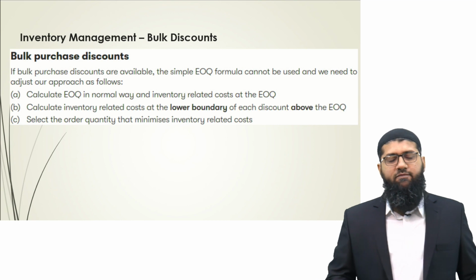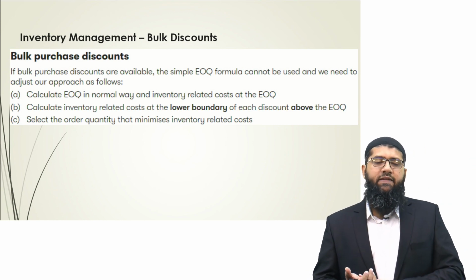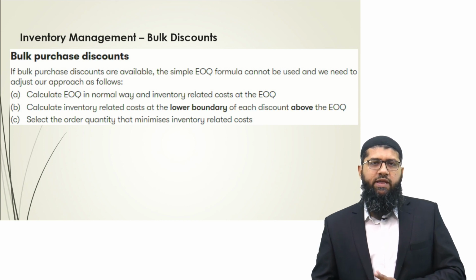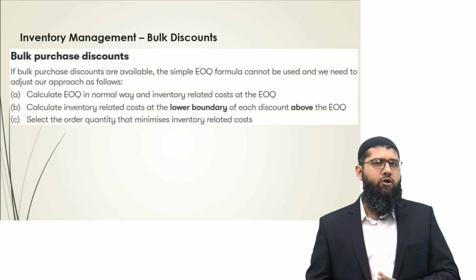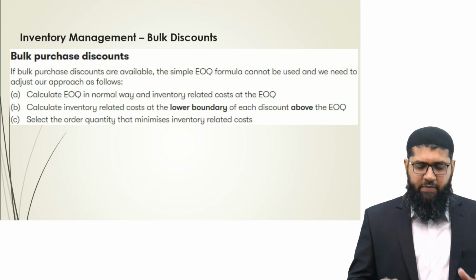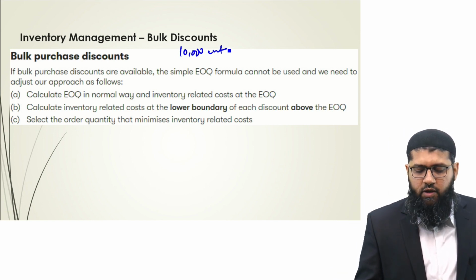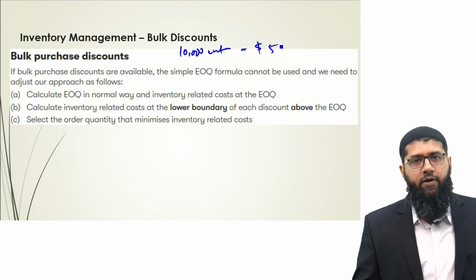There's one last aspect with respect to inventory management which I'm going to discuss. At times, the examiner gives you a scenario where he discusses bulk discounts. What exactly do we mean by bulk discounts? It means if you place an order of 10,000 units, we will charge you $5 per unit.